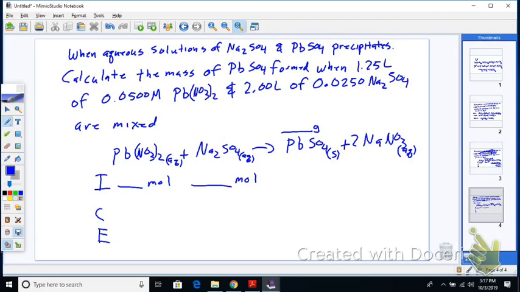So find those two. And it's just like we did before. You've got the volume and the molarity of both solutions. So then find out how many moles you have of the total solution.